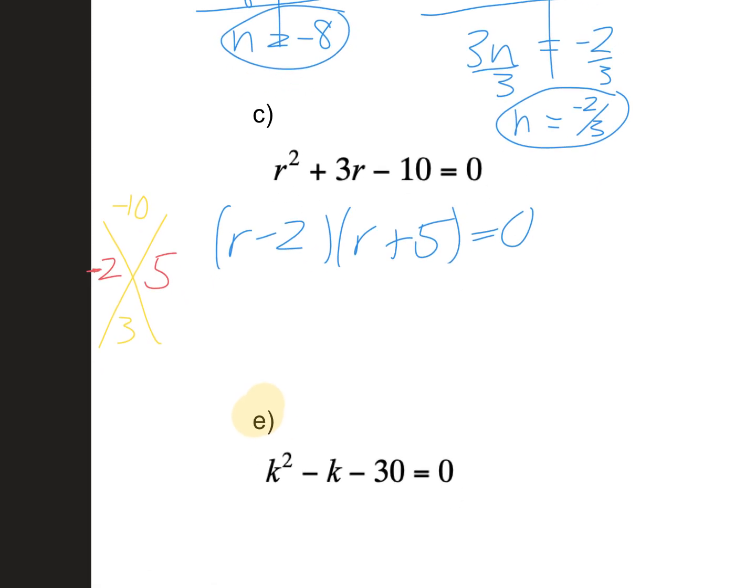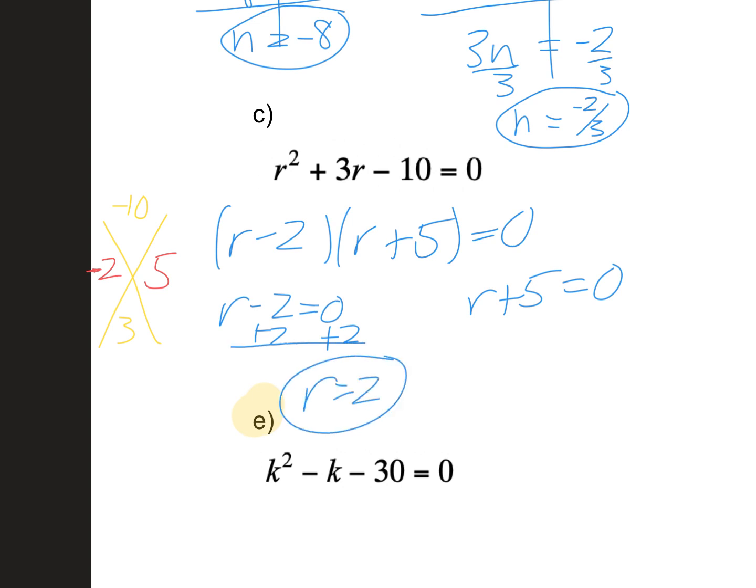So I'm going to set these equal to 0 on their own now. R minus 2 equals 0, and r plus 5 equals 0. These are both one-step equations, so I'll add 2 for this one, and I'll get r equals 2. And for this one, if I subtract 5 from both sides, I should get r equals -5.